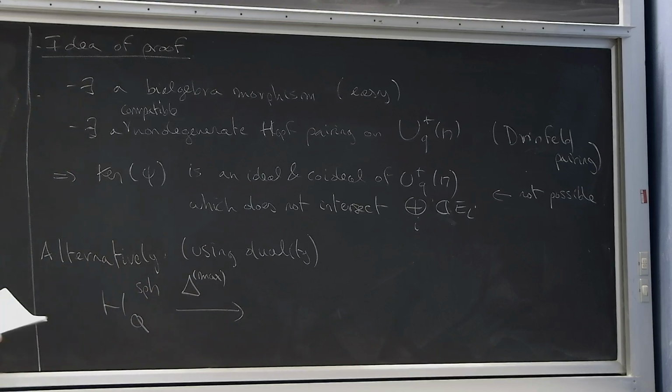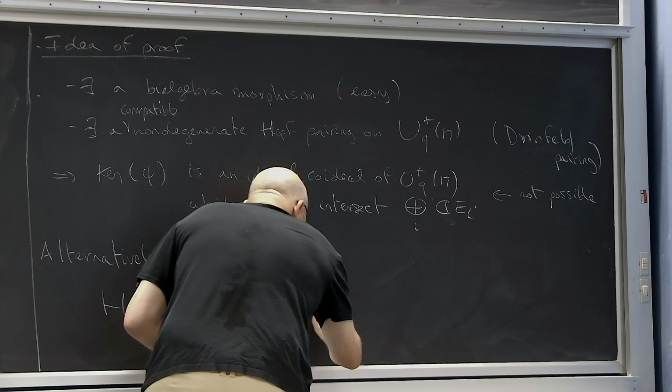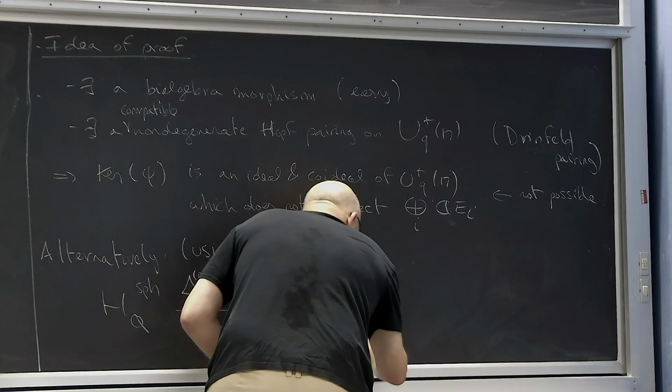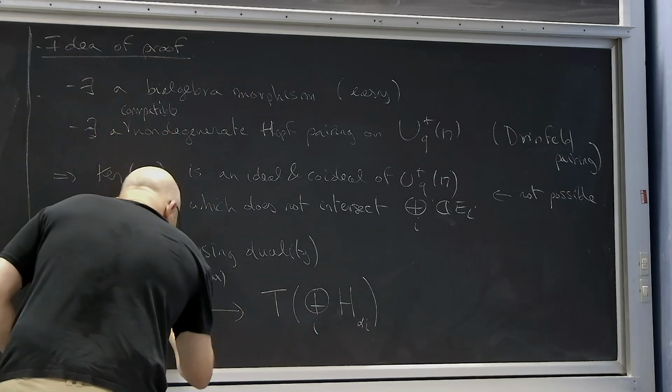So I just write like this: the tensor algebra of the direct sum over i of, let's say, H_{alpha_i}. So this is an embedding.